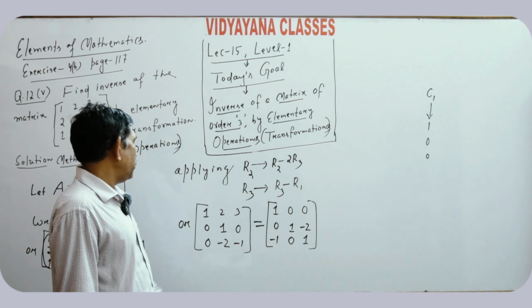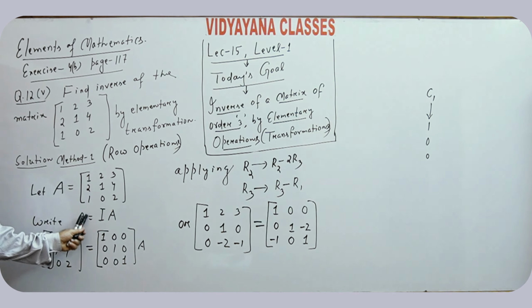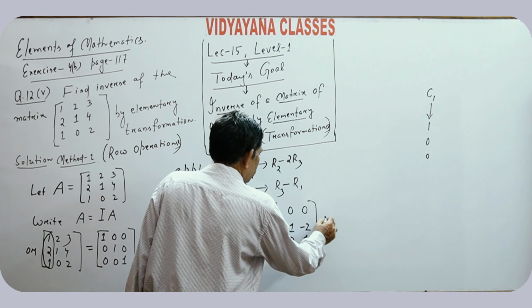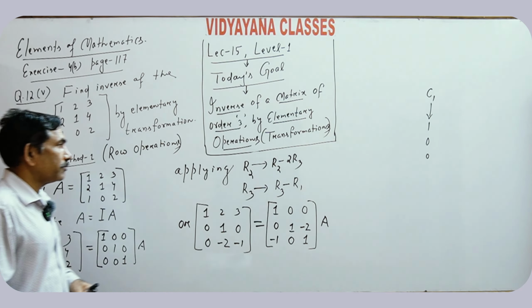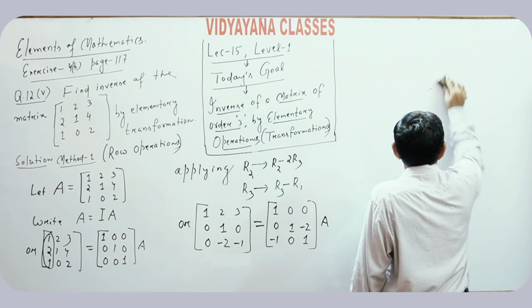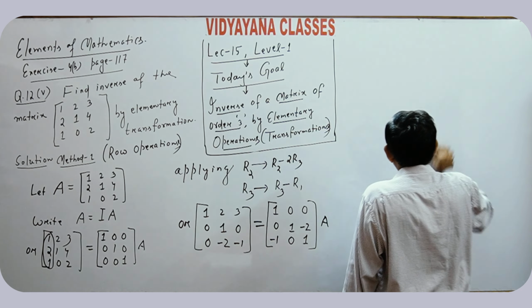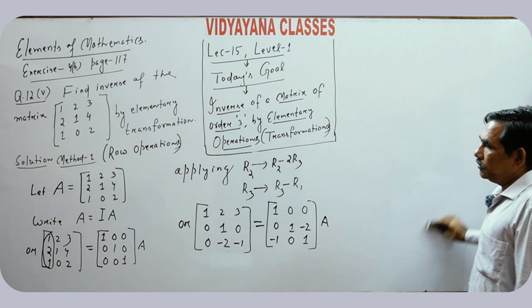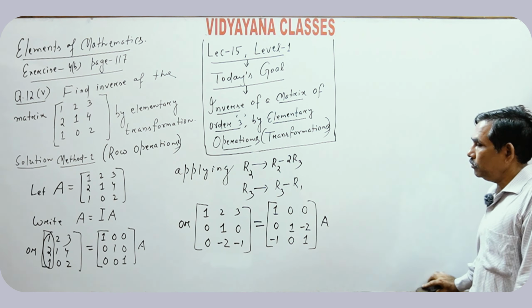Using this operation, we change the elements of A and I. Clear? Next we will change the elements of column 2.